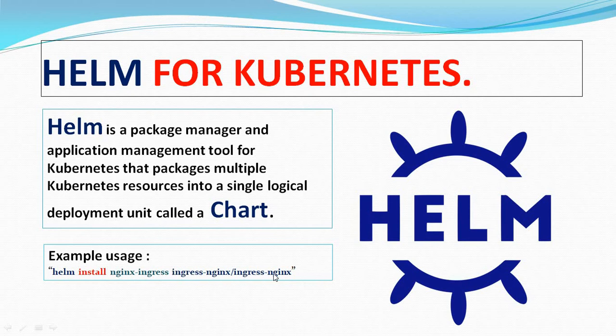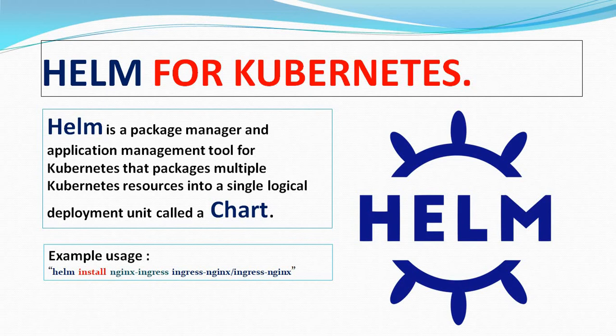This part acts as the Helm module. Once we run this command, the Nginx ingress application will automatically be running in our Kubernetes cluster. That is the level of simplification Helm provides for our Kubernetes tasks.